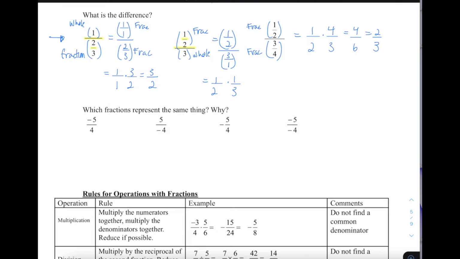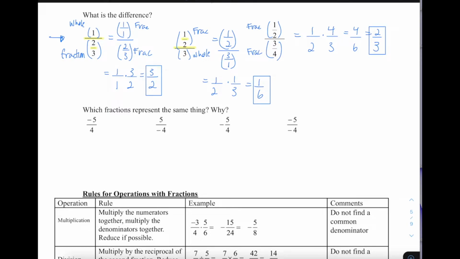All right. So we can see that we have the numbers 1, 2, and 3 arranged in different fractions and whole numbers, and we actually get 3 very different answers for our computations. Okay.